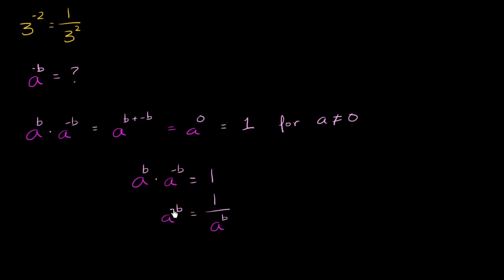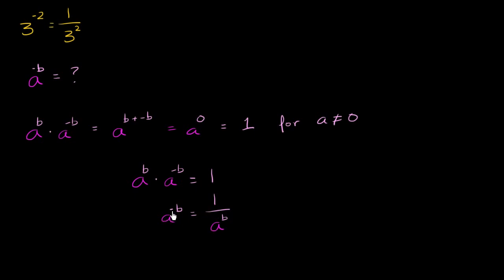And we've just shown that if we want this property to be true, and a lot of the properties of exponents are all about keeping consistency, keeping the old properties true as we introduce new definitions and new properties, then a to the negative b should be 1 over a to the b. And in other videos, we'll show other motivations for why a negative exponent is defined this way.